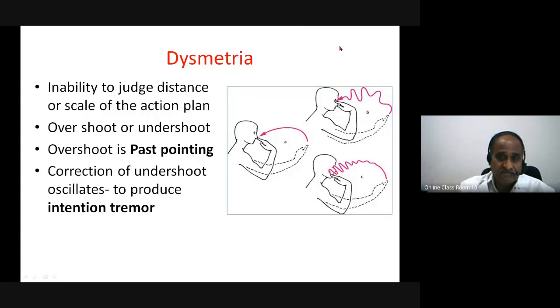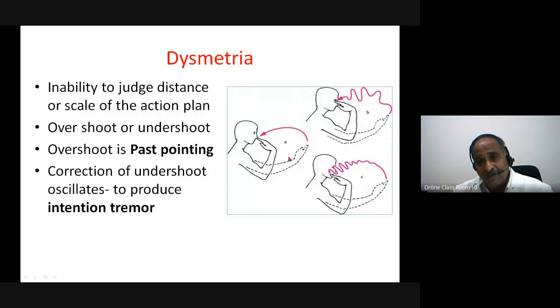Dysmetria. A cerebellar disease patient may not be able to judge the scaling of things. Suppose there is a wall in front of him, but he goes and hits the wall because he cannot judge the distance. There is an inability to judge the distance or the scale of the action plan.